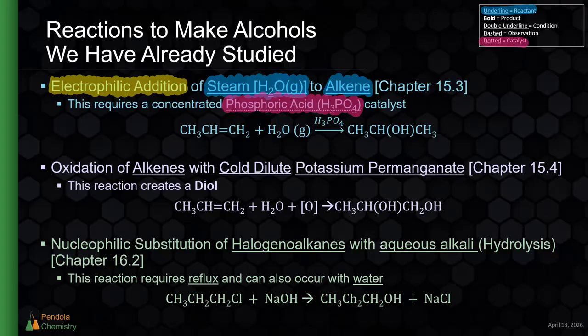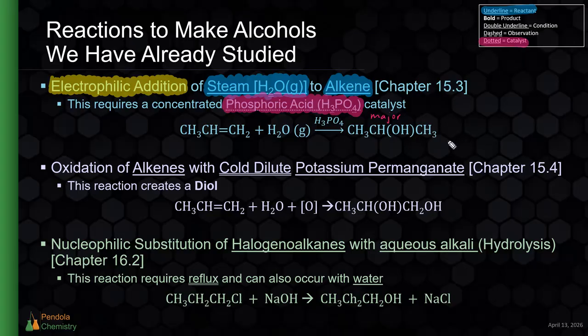The first was what we see here, where the OH hydroxyl group is added to the central carbon, and that will be our major product, according to what we studied in chapter 15.3, because the OH is added to the secondary carbon instead of the primary one.